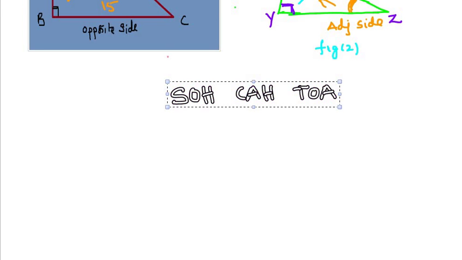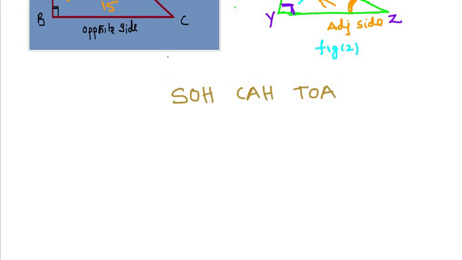SOH CAH TOA. So what is this code telling us? We can read it in many ways. O stands for opposite side, A stands for adjacent side, and H stands for hypotenuse.